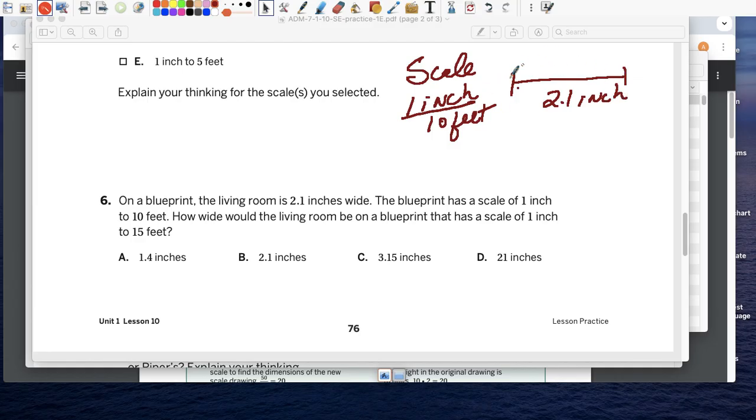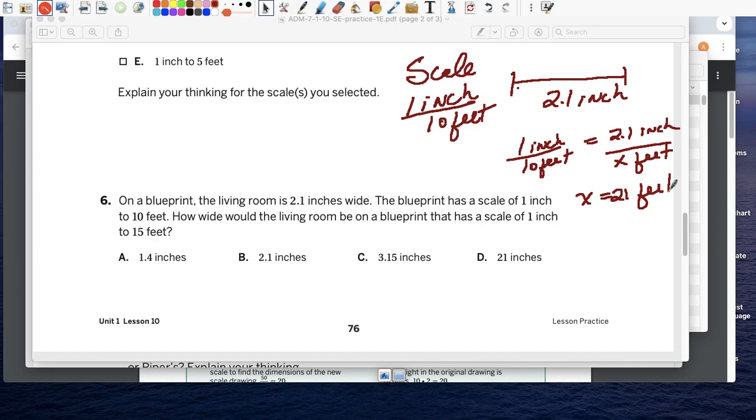So in real life, how wide is your living room? Well, you can use that scale. 1 inch, 10 feet. Your living room came out at 2.1 inches. How many feet does that equal to? Well, here's my proportion. Set it up. 1 times x is x, and 10 times 2.1 is 21 feet. So in real life, your living room is 21 feet wide.